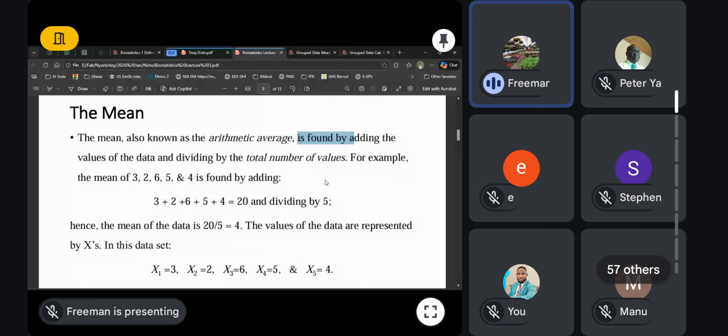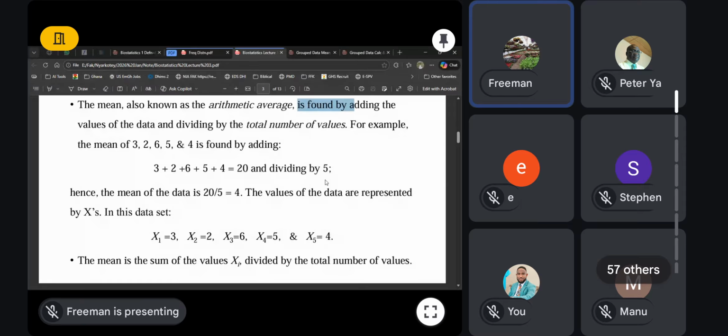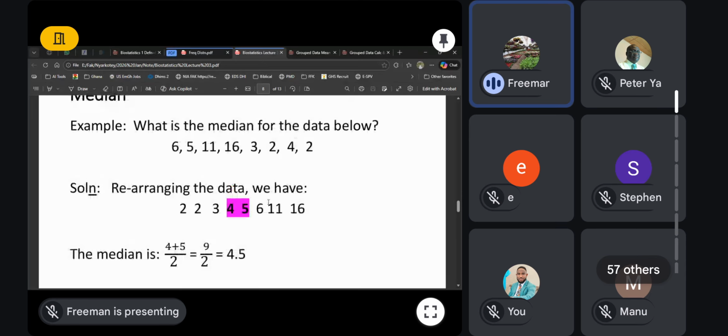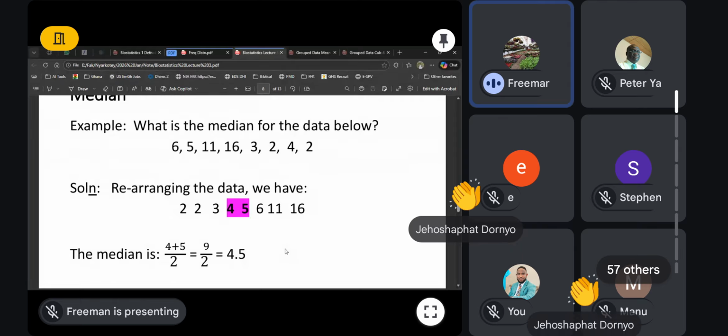Here we are adding only 2 numbers, so we will divide by 2. Which numbers are we adding? 4 and 5 at the middle. So 4 plus 5 gives you 9. The 2 at the bottom here is the same 2 we have repeated. So 9 divided by 2 gives you 4.5.